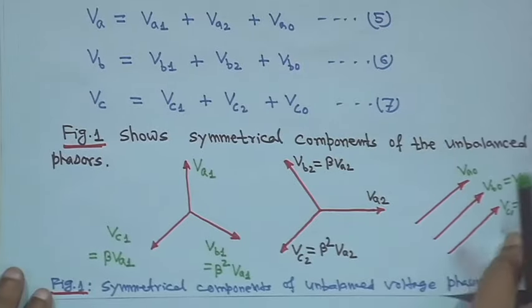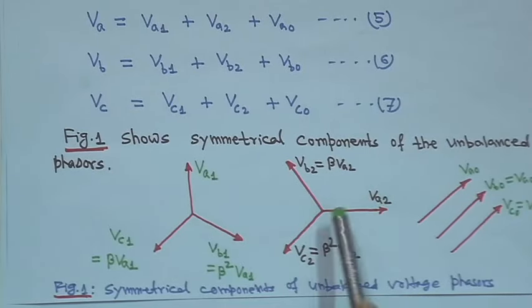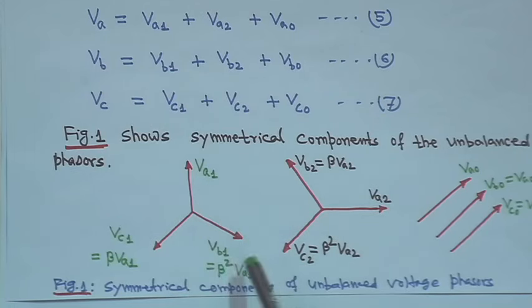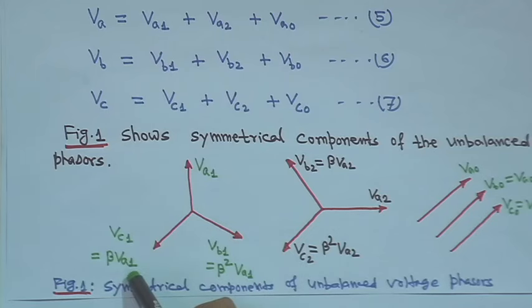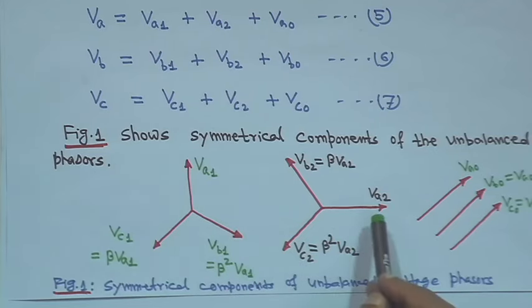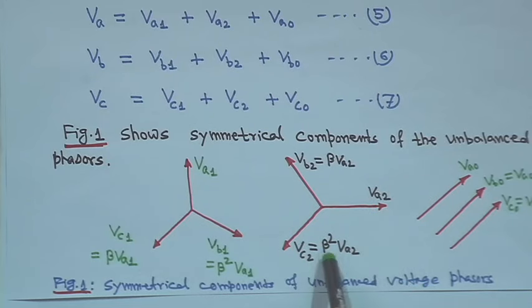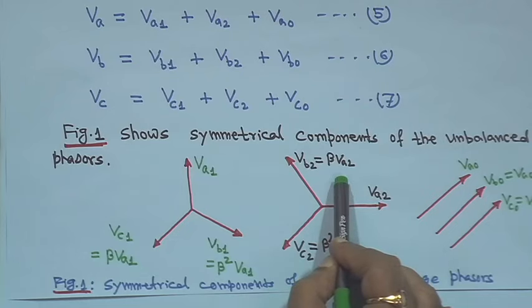Now, these are your positive, negative and zero sequence components. Here I have made this Va1, so Vb1 is equal to beta square Va1 and Vc1 is equal to beta Va1. This is the negative sequence: Va2 is the reference, Vc2 is equal to beta square Va2 and Vb2 is equal to beta Va2.